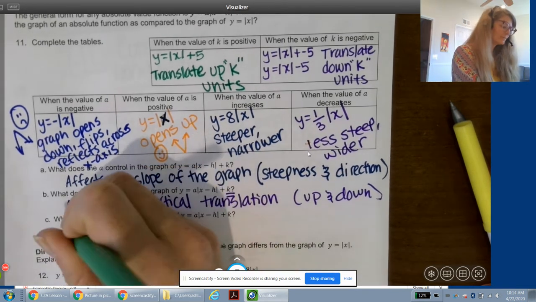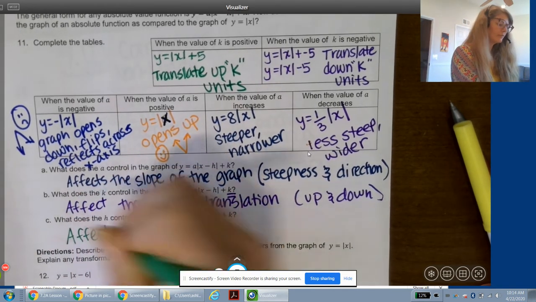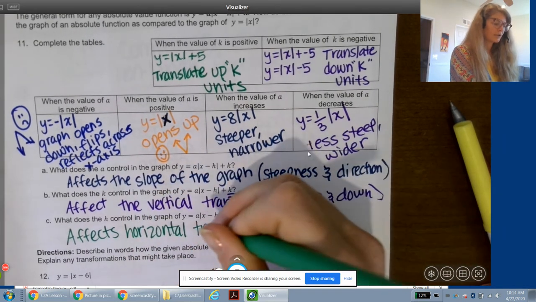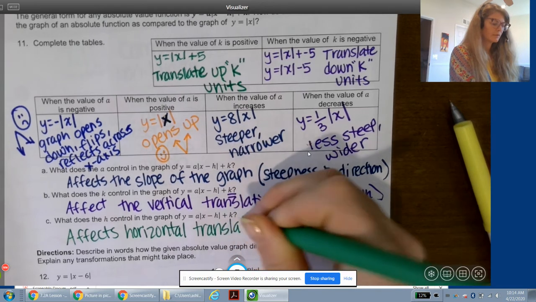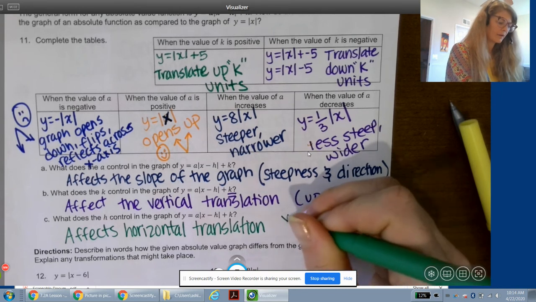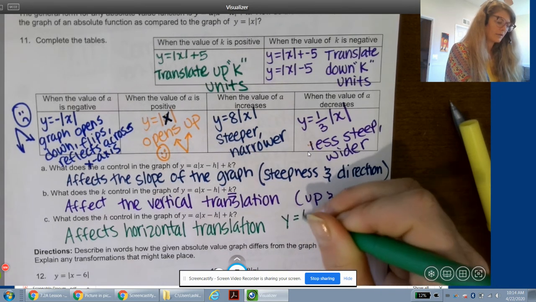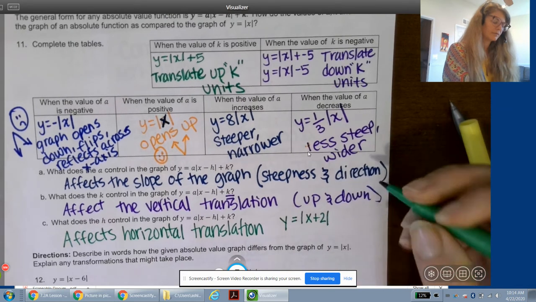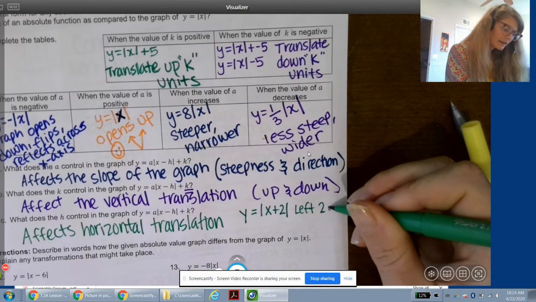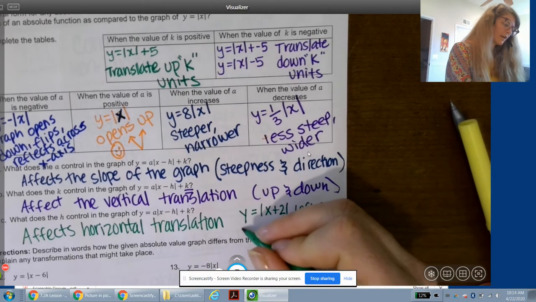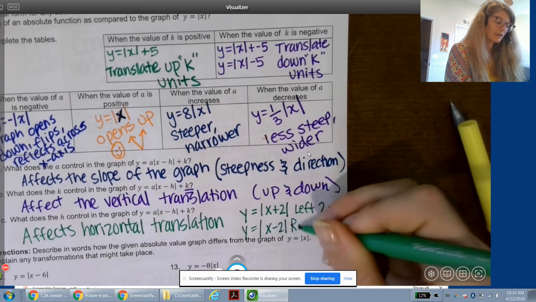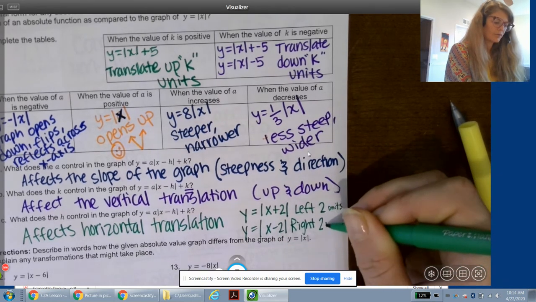It affects horizontal translation. So if you have, remember, y equals the absolute value of x plus 2, that means left 2 units. And y equals the absolute value of x minus 2 means right 2 units.